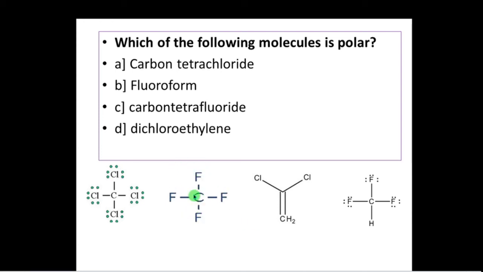So based on that, all those pulls are equal and balanced, which makes the compound non-polar. As for dichloroethylene, it may be polar or non-polar depending on whether it is cis or trans. Option D may not be given because they have not mentioned cis or trans here. If cis or trans were mentioned, we could account for the possibilities.